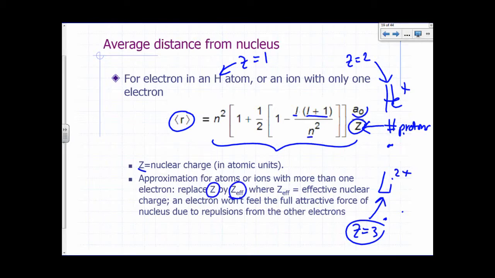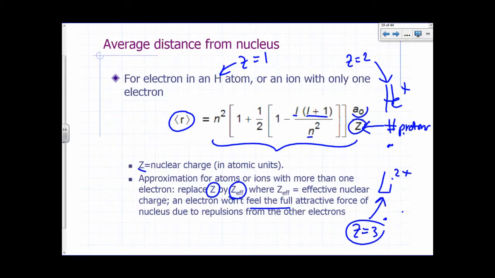The justification is that if you have more than 1 electron around your nucleus, then each individual electron is not going to feel the full force of the nucleus because it's going to be repelled by the other electrons.